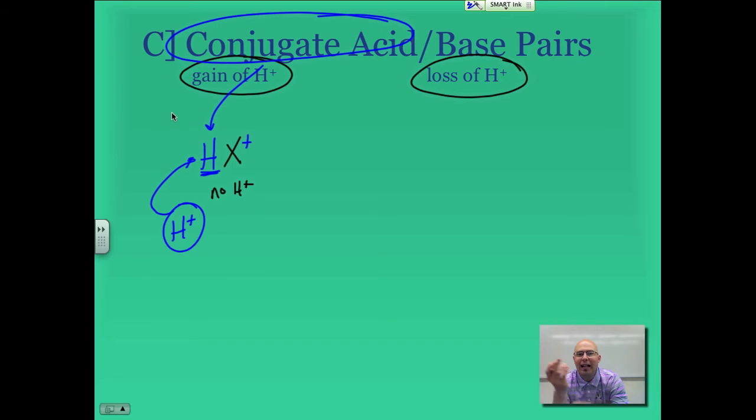All right? I like to make the analogy: if I said I'd love to be able to donate $500,000 to the Red Cross, that'd be fantastic. I'd love to be able to donate it, but I can't because I don't have it. So an acid has to have an H+. I don't have $500,000, so I can't donate it.